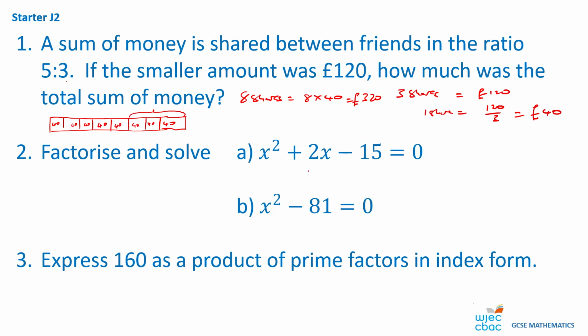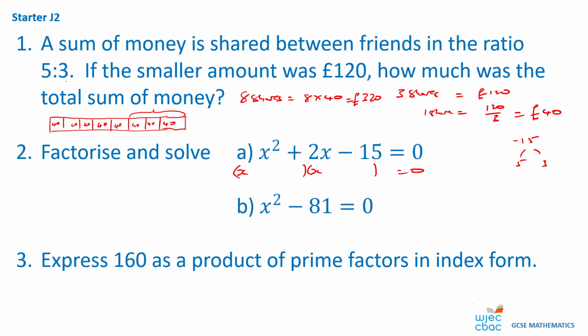So, moving on to question 2. Factorize, double brackets, equal to 0. It's x squared, so it's going to be x times x. And we're looking for the factors of 15 that can give us 2. 5 and 3 is minus 15, so one of these has got to be negative.